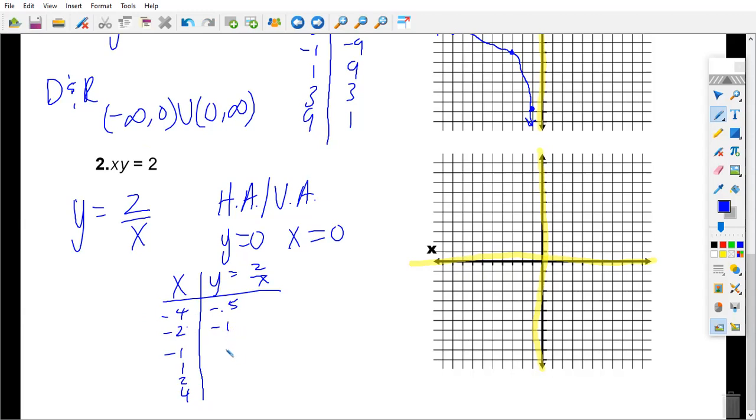Then I have -1, +2, -2, I meant to say, -2, +2, and then we have +1 and +0.5. So plotting those points, 1, 2, 3, 4, going down a half, -2, going down 1, 1, going down -2.